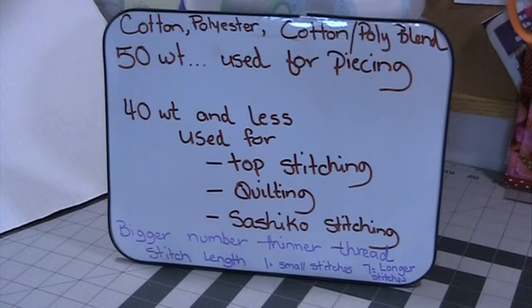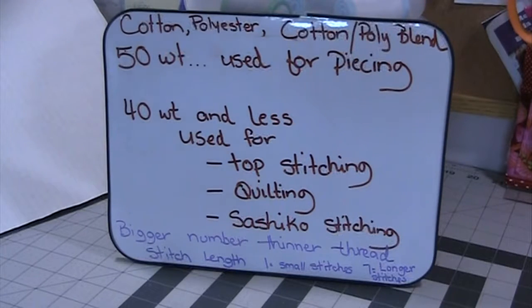I hope this video has been somewhat on the informative side. Like I said, I was kind of shocked to learn that in quilting, you need to know a little bit more about threads. I knew the very basics for garment sewing, but I had no idea that as you do your quilting, you need to have different thicknesses of threads, and you need to have different lengths in stitching.